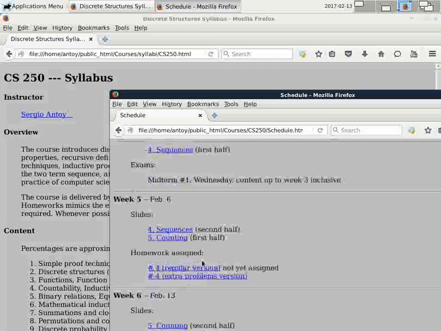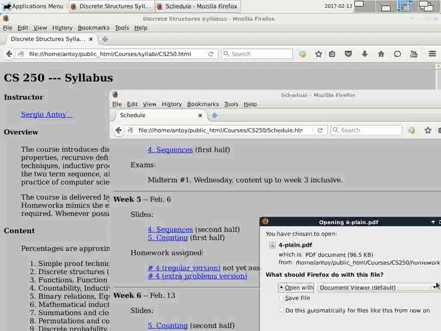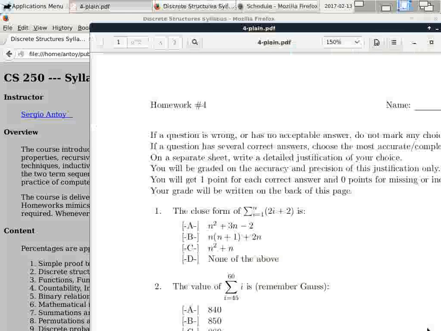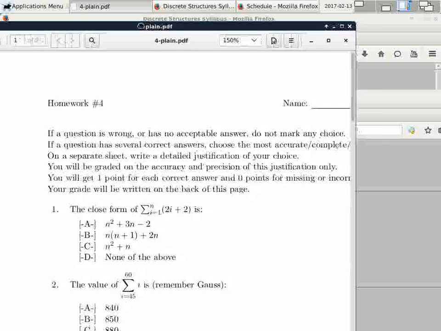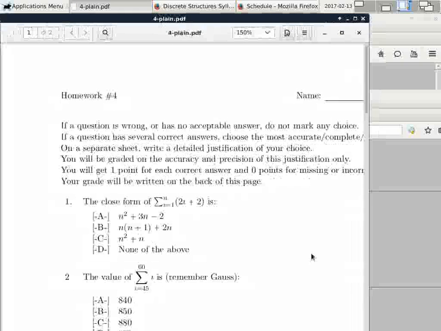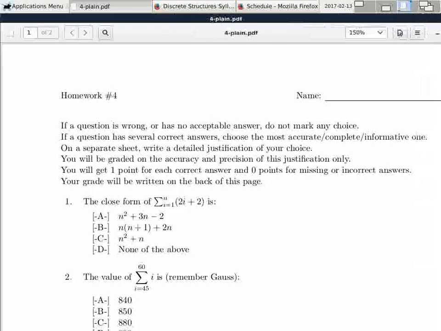homework number 4. And I will put it there when it's due, which is due next Monday, 1 week from today. As I said, there are 2 versions. Let me show you the difference between these 2 versions. This is the regular one, which is like those you have been doing so far.